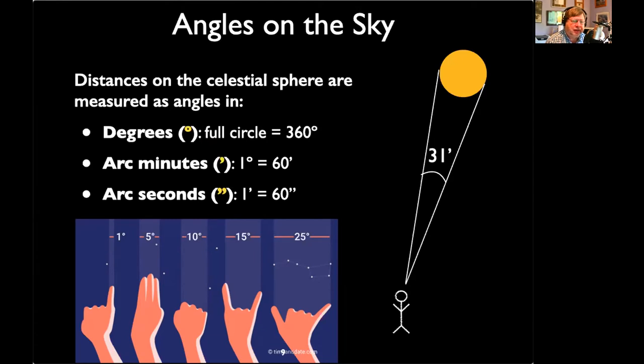Each arc minute is broken up into 60 arc seconds. The sun and the moon are half a degree, or 30 arc minutes, in size. Human vision has an acuity of about 1 arc minute, and ground-based telescopes typically have a resolution of 1 arc second. Okay, so ground-based telescopes typically can see things with 60 times better resolution than your naked eye.